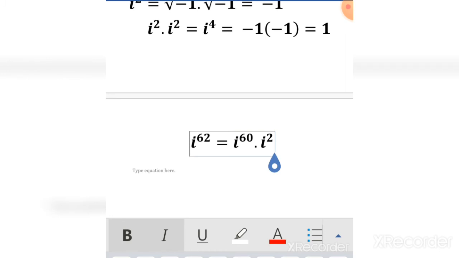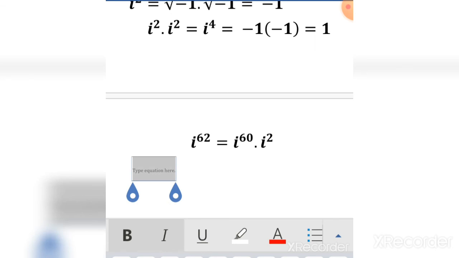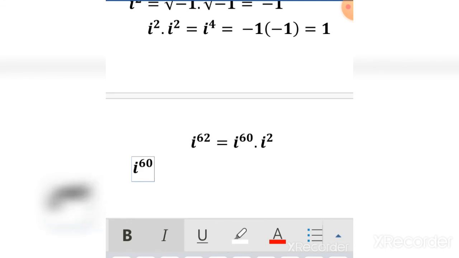That's why we factored 62 as 60 and 2. So since 4 is a factor of 60, then i to the power of 60 is equal to 1.